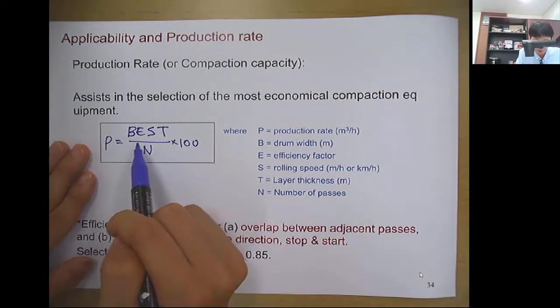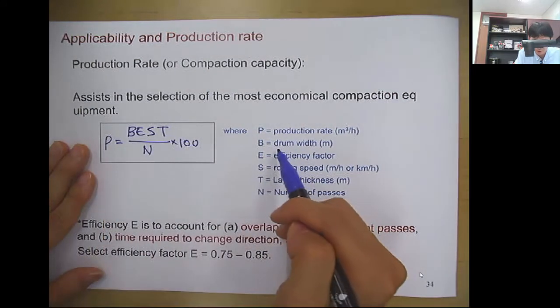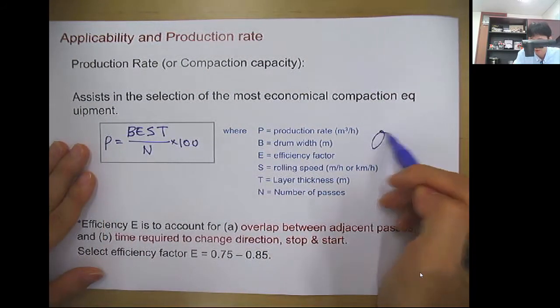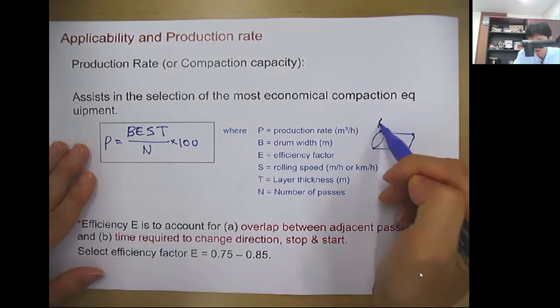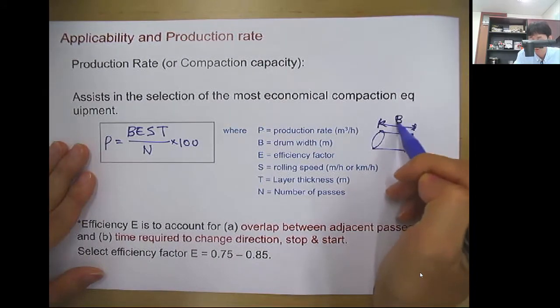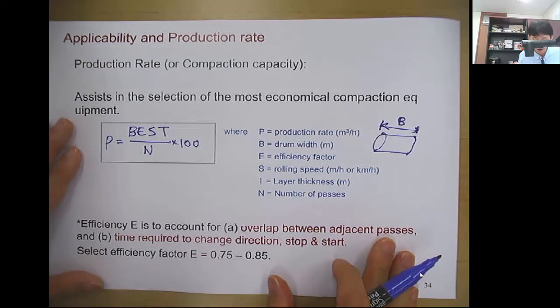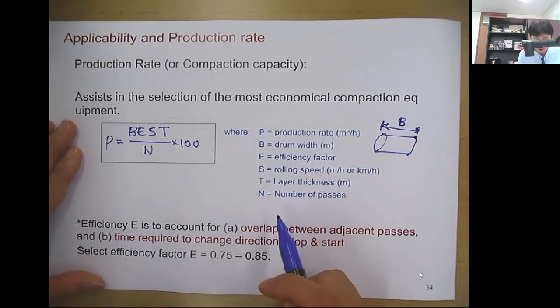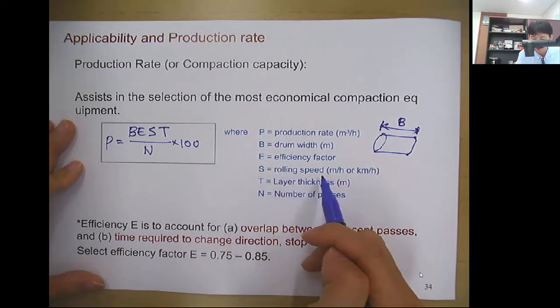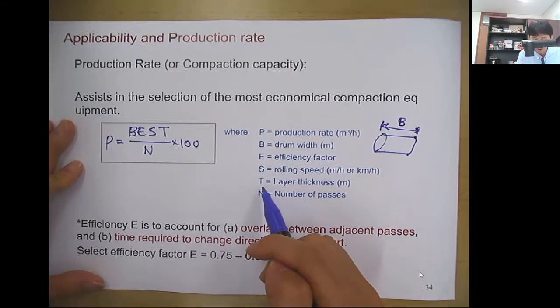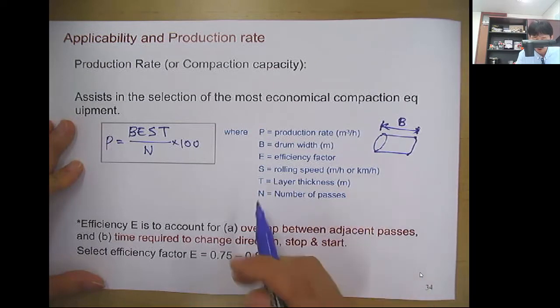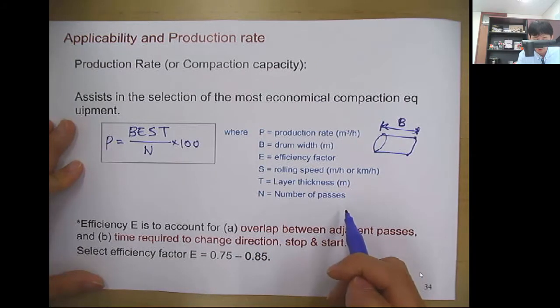Here B is the drum width. So if you have a drum like this, then this is the B. And the efficiency factor is E, S is the rolling speed or the towing speed, T is the layer thickness, and N is the number of passes.